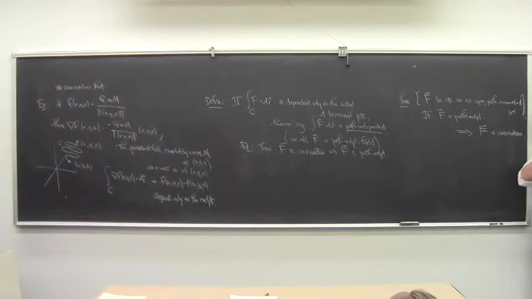That if F is path independent, then it is conservative. So if it turns out that your integrals only depend on the endpoints, then your field must be a gradient field, the gradient of some function.